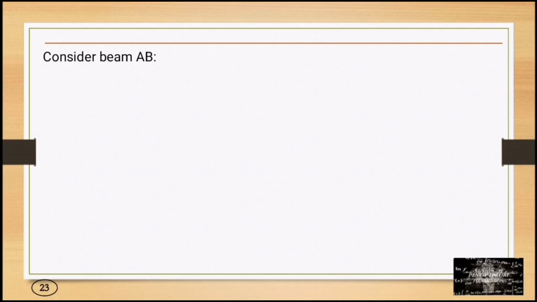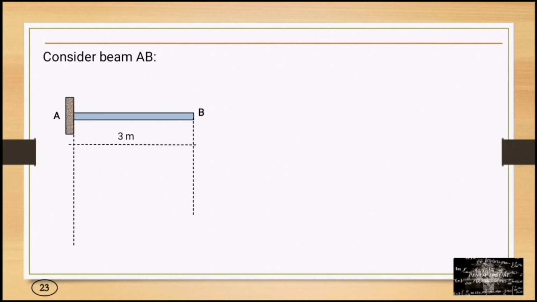So consider beam AB. So we have y. Then we have resultant moment, so negative 3 times RB over EI.